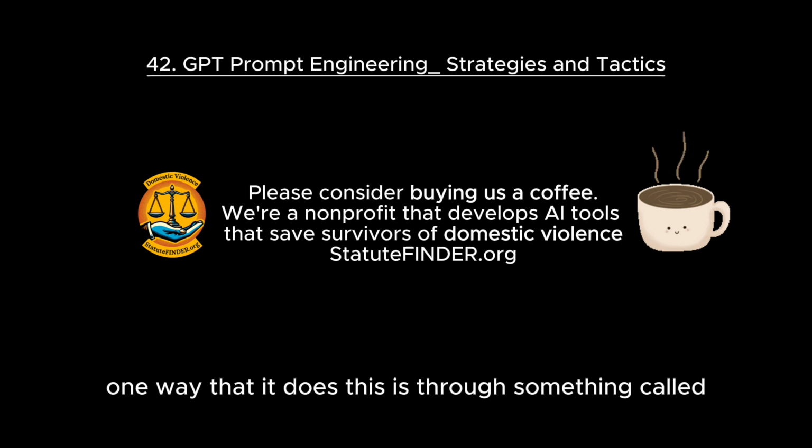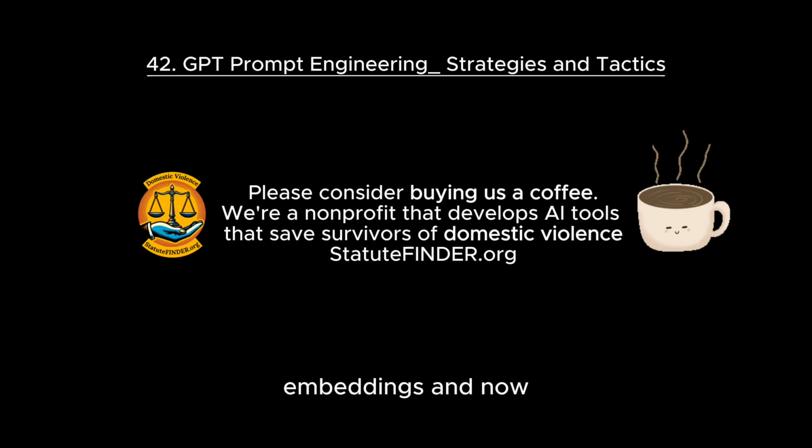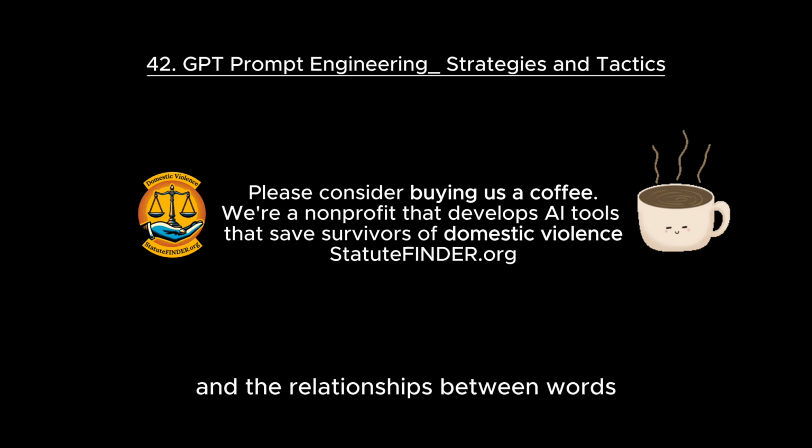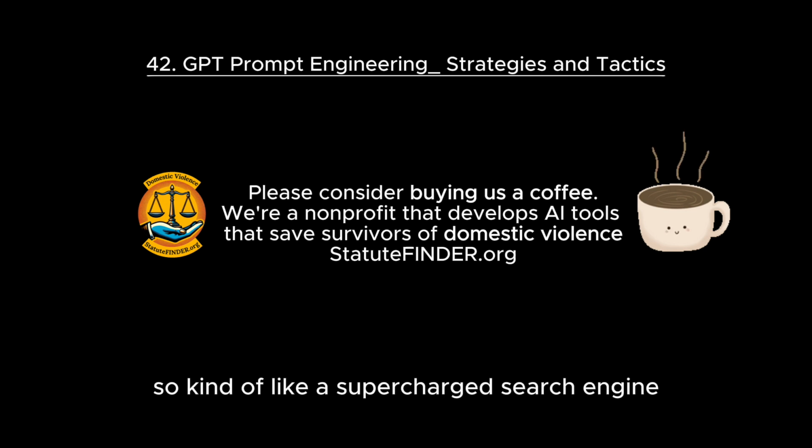One way it does this is through something called embeddings. And these aren't the kind you'd find on a piece of jewelry. In this context, embeddings are numerical representations of text, and they capture the meaning and the relationships between words. The API can use them to search a massive database for relevant information. So kind of like a supercharged search engine.